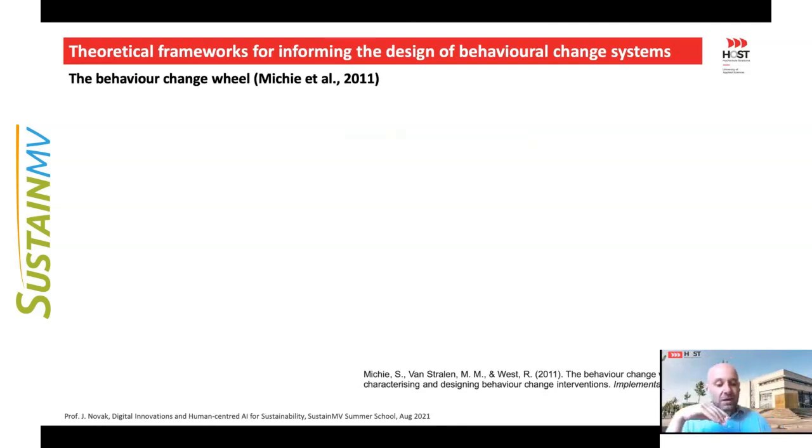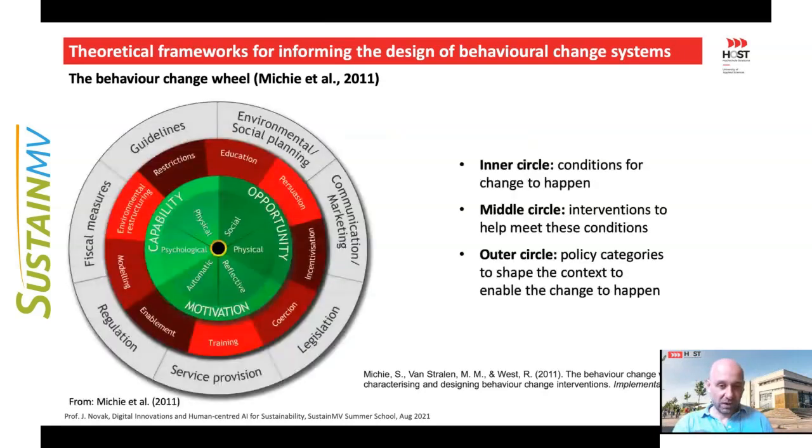One is the so-called behavioral change wheel. I will not go into detail about that for a reason. We will come to that in a moment. But the behavioral change wheel is a framework which tells you what are the different elements, the different aspects, the different factors that play a role in influencing people's behavior, or in enabling people's behavior, or in providing barriers to behavior, so that you can think about which ones of these you can tackle given the goals that you are trying to achieve.